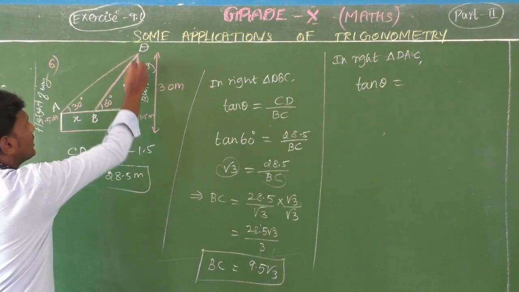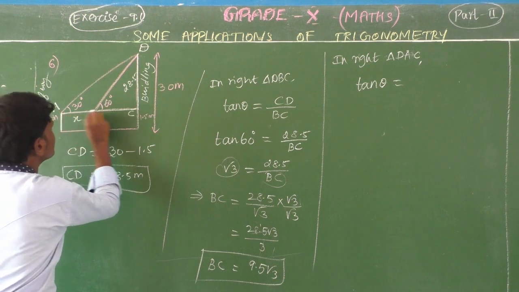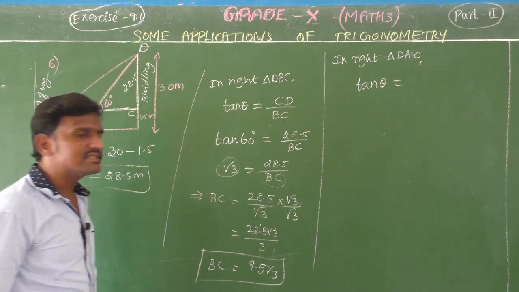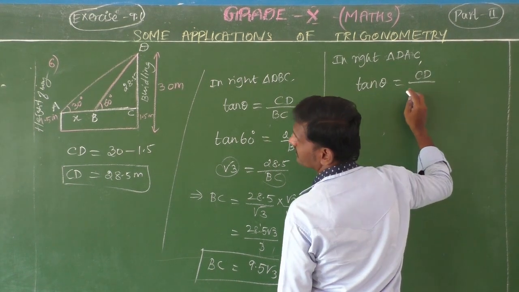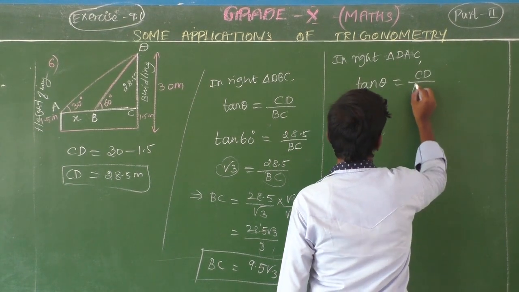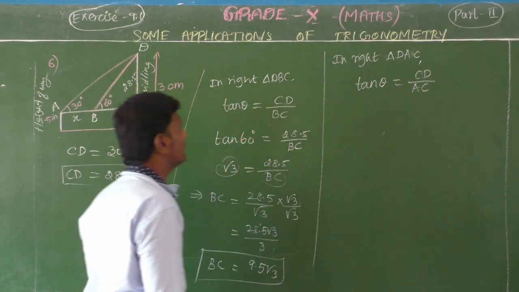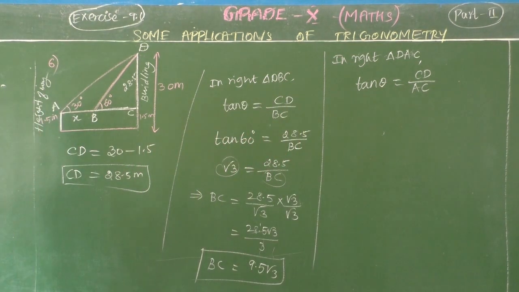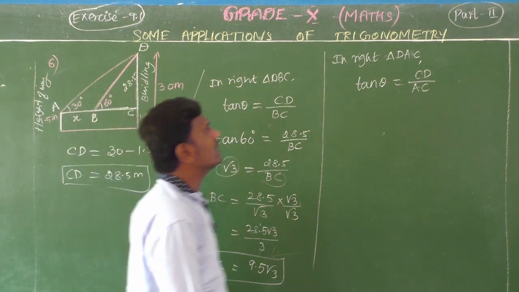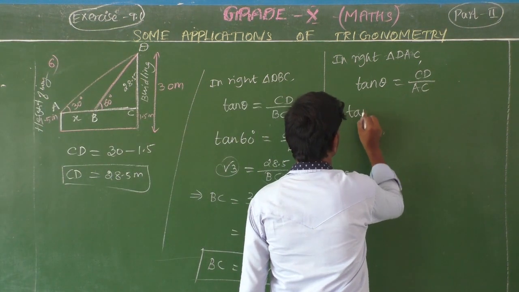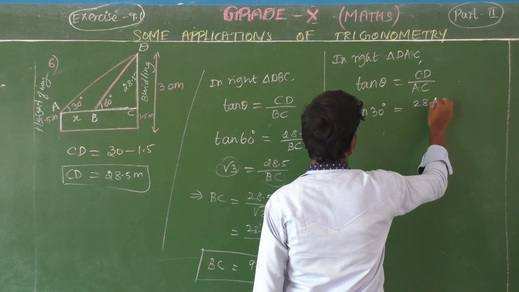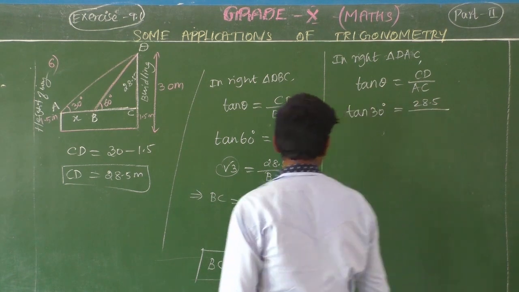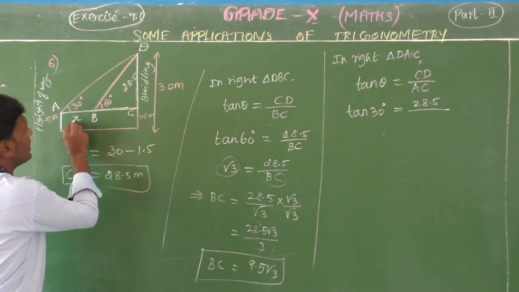Tan theta is equal to the opposite side over the adjacent side, so CD divided by AC. Now I am going to substitute the values. Theta is 30 degrees. Tan 30 degrees is equal to CD, which we already have, 28.5, divided by AC.